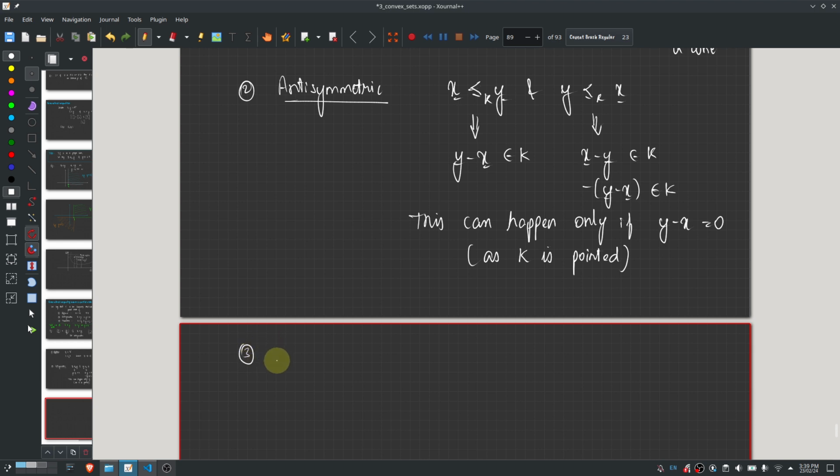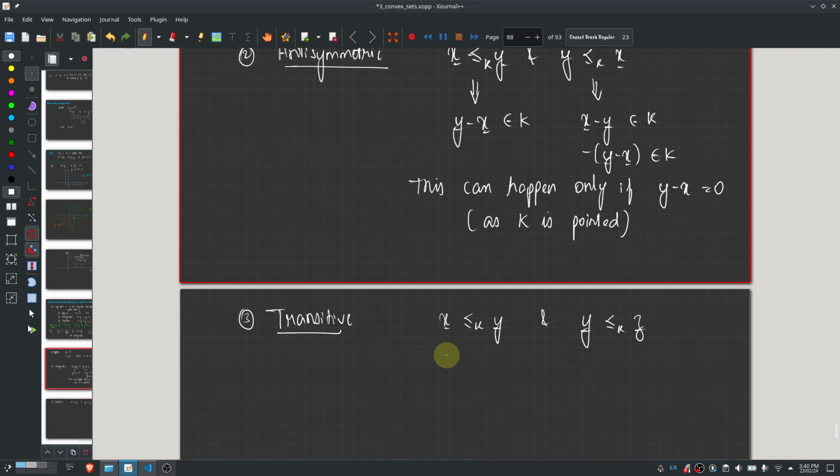The third property is transitivity. So suppose that x is less than or equal to y and y is less than or equal to z.